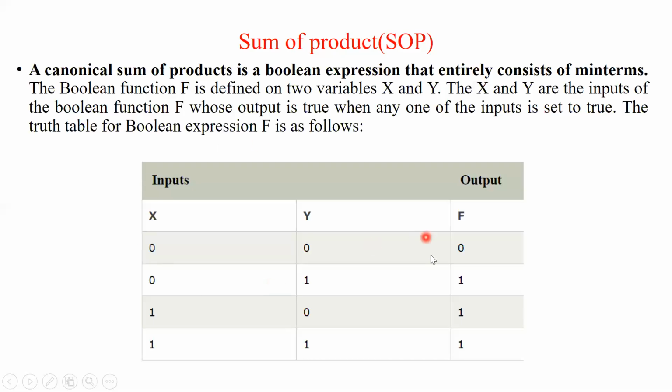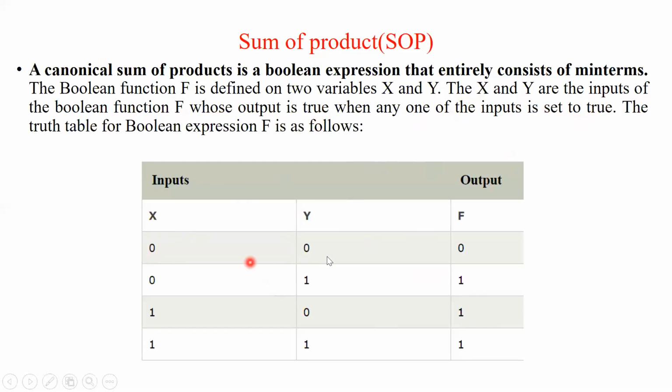Suppose this is the truth table that is given. In the truth table, suppose I have variables X and Y as input. The X and Y are the inputs of the Boolean function, suppose F, whose output is true when any of the inputs is set to true.